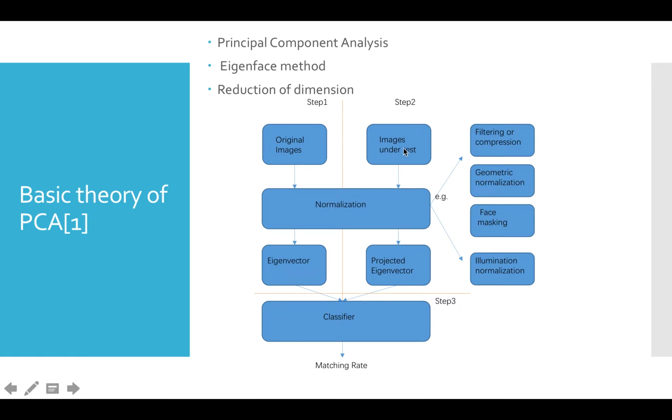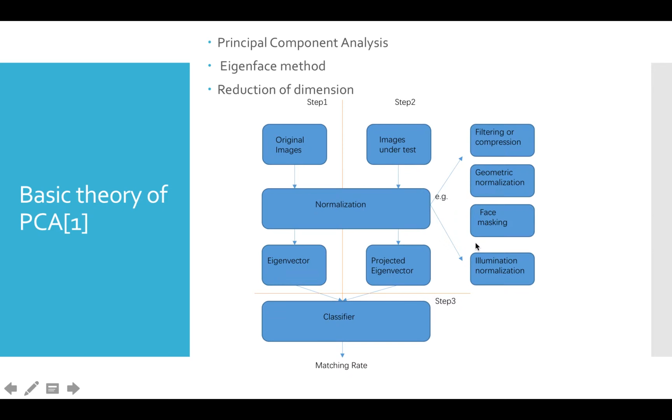The images would go through a similar process as the original images, then be projected to the existing eigenfaces. Finally, in step 3, using a classifier, we can determine the matching rate between one image under test and one of the original images.